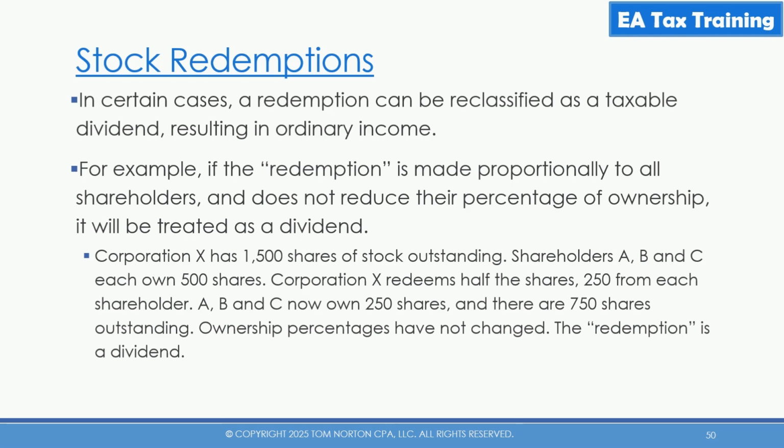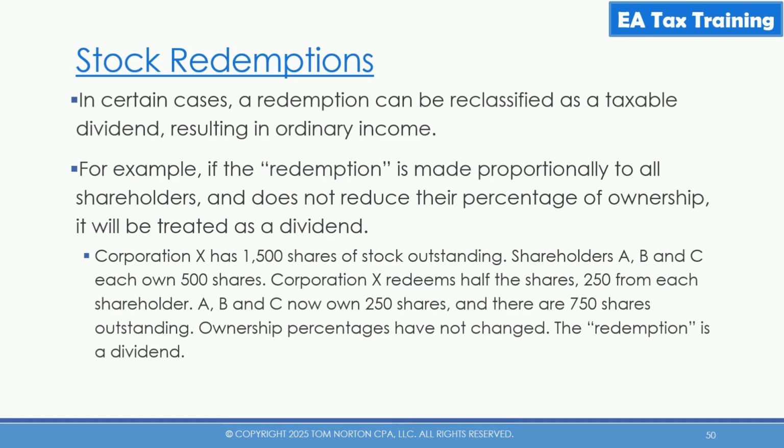So what's going on here? Well, you've got these three shareholders who are trying to game the system here. They're trying to turn an ordinary income that would come from a dividend into a capital gain. So both before and after this redemption, these three shareholders still own the exact same percentage of the corporation.